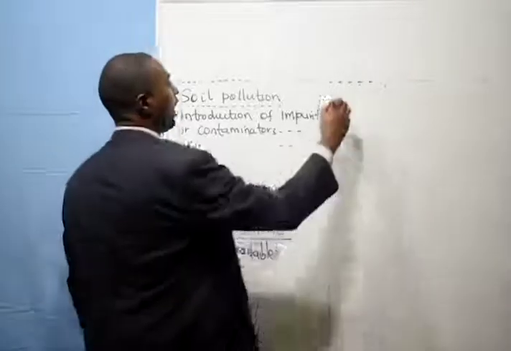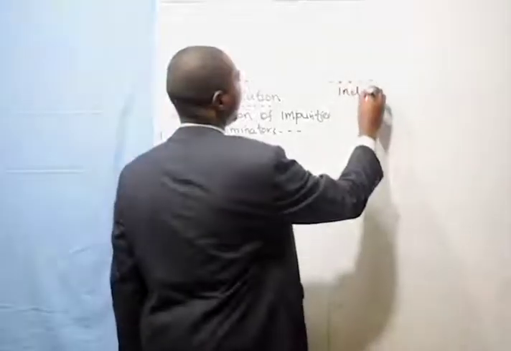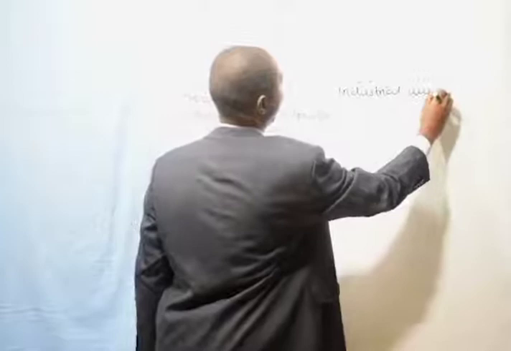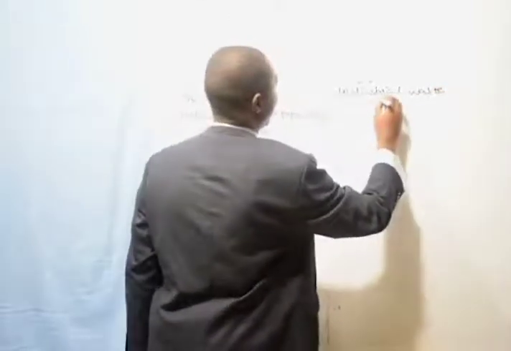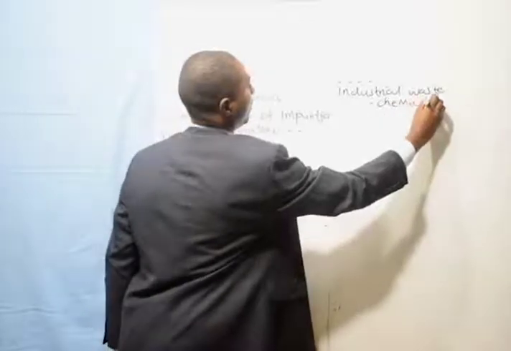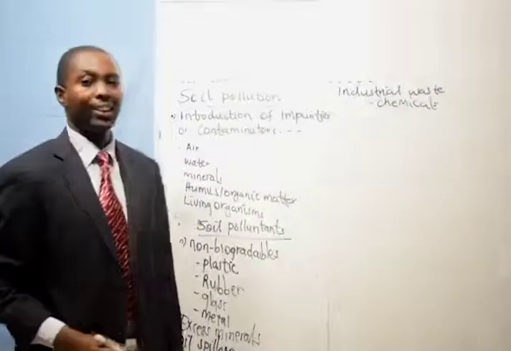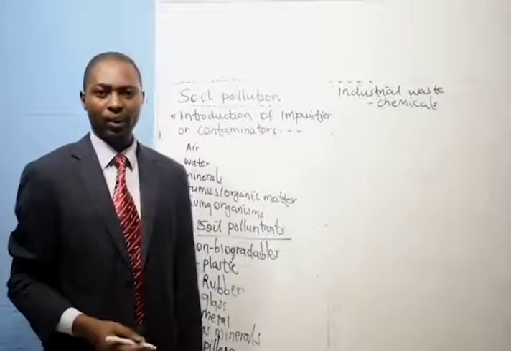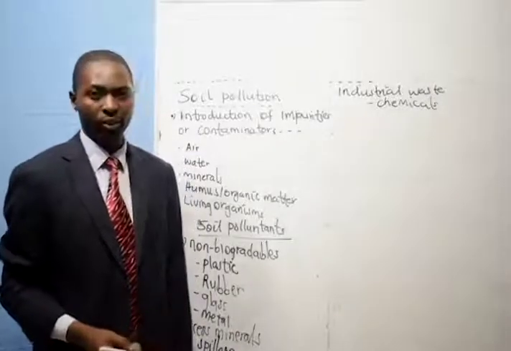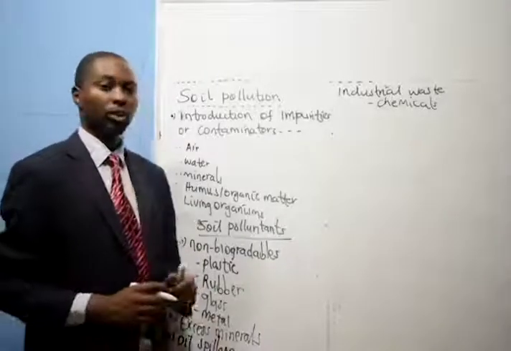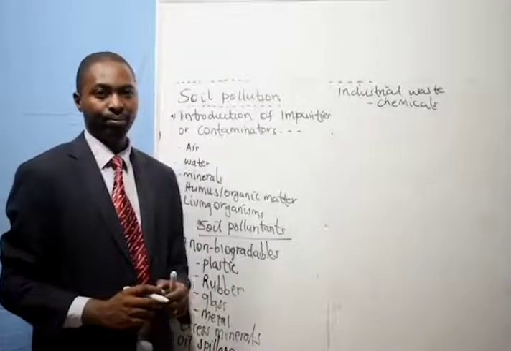You can also have industrial waste, such as raw chemicals, industrial chemicals such as acids and other chemicals, they pollute the soil. These are a few of the soil pollutants.